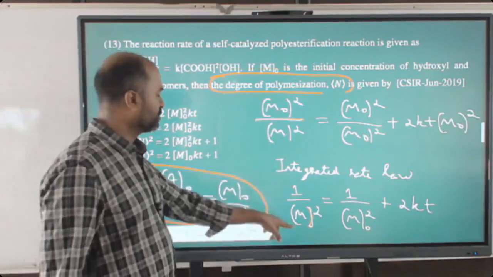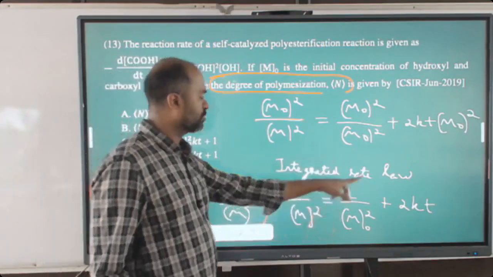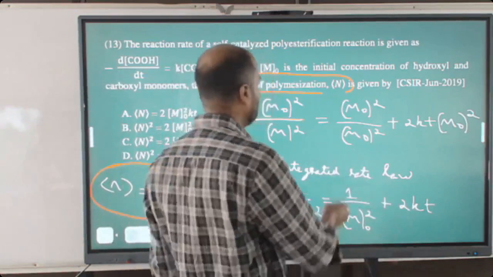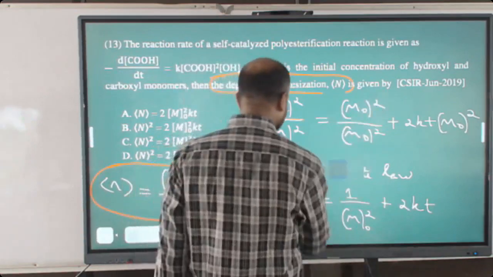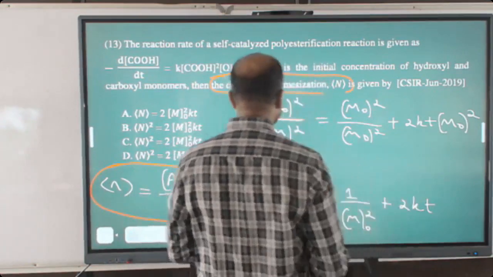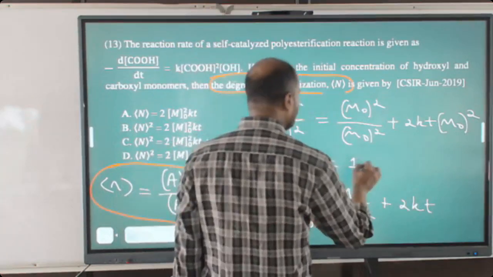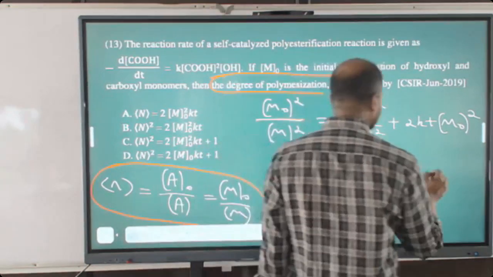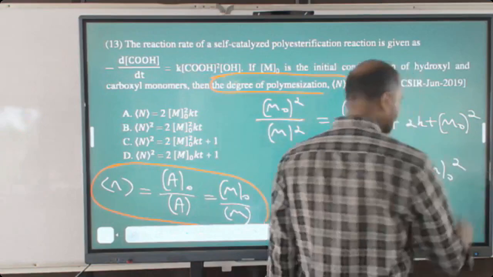M0 square gets cancelled. Finally, this is equal to 1 plus 2kt into M0 square.